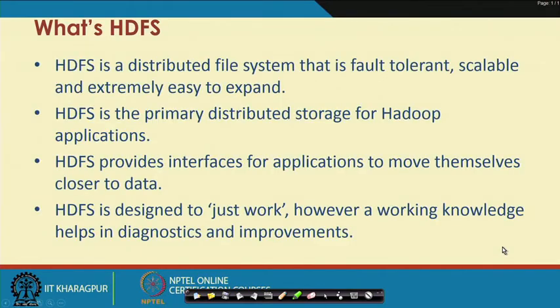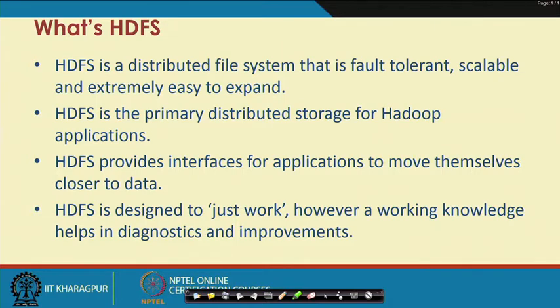So what is HDFS, or the Hadoop distributed file system? HDFS is a distributed file system with these characteristics: it is fault tolerant, scalable and extremely easy to expand.